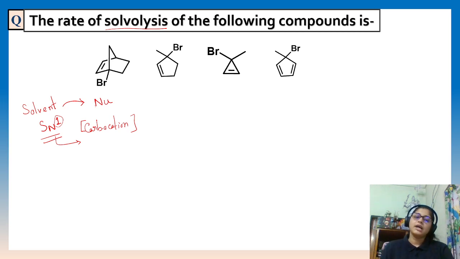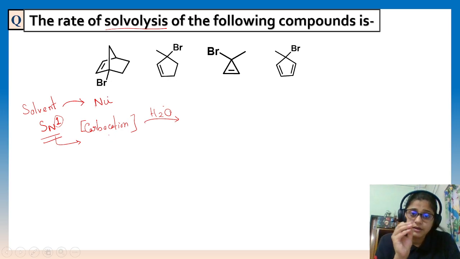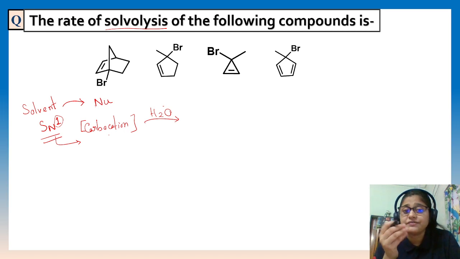First the carbocation will form, and in the next step, let's say an H2O molecule will act. So the rate of solvolysis in an SN1 reaction depends only on the concentration of carbocation. Among the following four reactions, the reaction in which carbocation formation is faster, or more carbocation is forming, will have the faster rate.